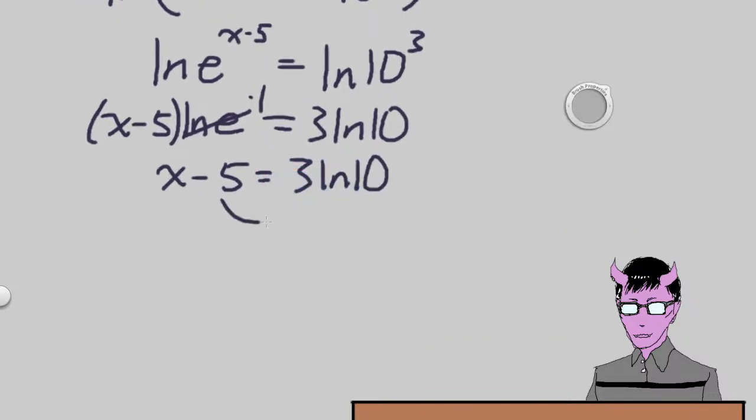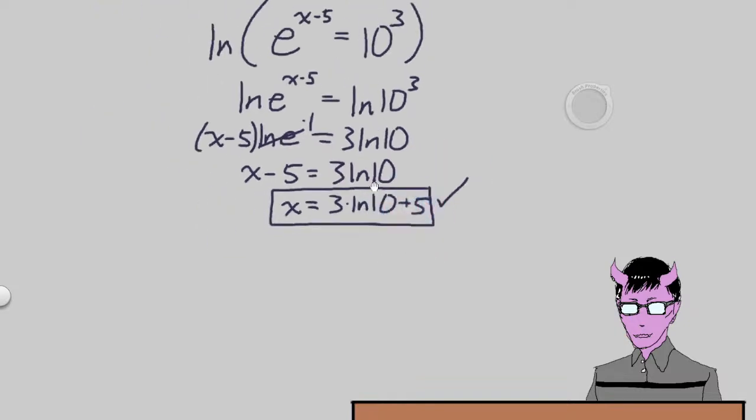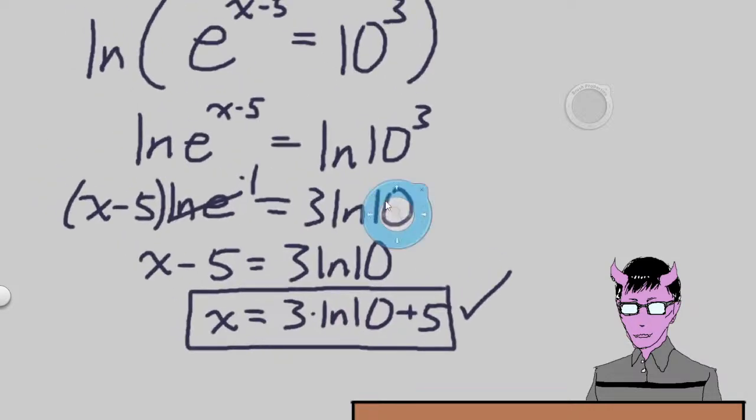We can therefore add 5 to both sides. x is equal to... wait, that's like a weird 3. So 3 times natural log of 10 plus 5. And I like this answer in particular, because natural log just looks very clean to me, so we're done with the situation.